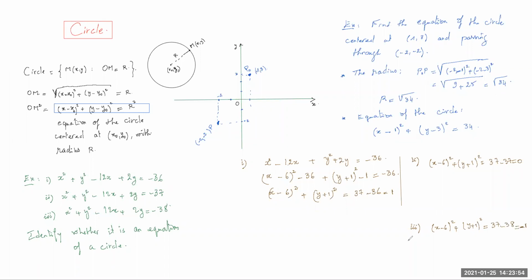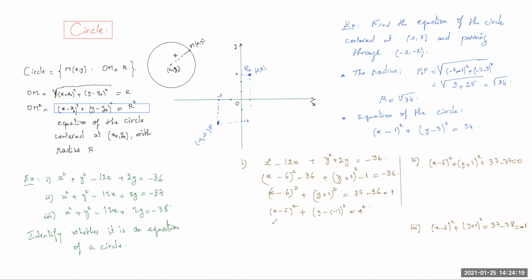So let's try to conclude here. In the first situation, I have exactly what I want: (x - 6)² + (y + 1)², which I can write differently, because I need a minus, as (x - 6)² + (y - (-1))² = 1, and 1 is 1².